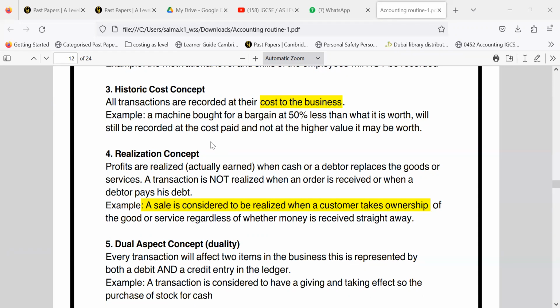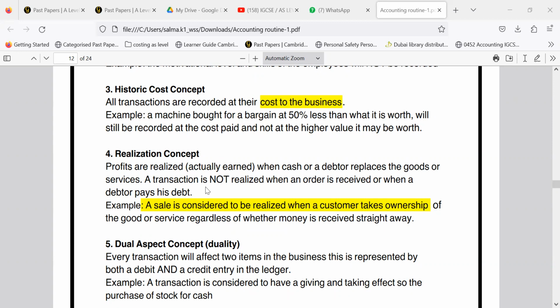So you will record it at the cost paid. Though its market value may be higher, it does not make any difference to you. Okay, fine. So when you're following the historic cost concept, you're recording your assets in your financial statements at what price?